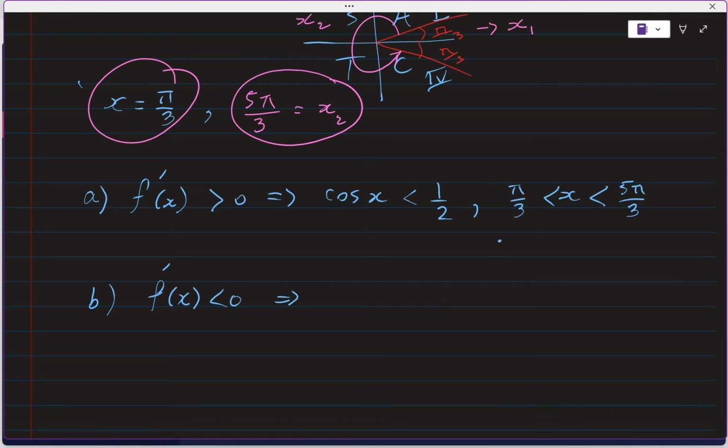Now let's look at the second part where f prime of x is less than 0. If that is the case, that means cos of x is greater than 1/2. And if that's the case, then now you have two possible solutions.